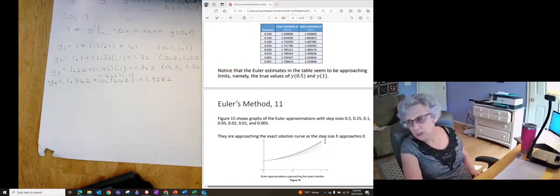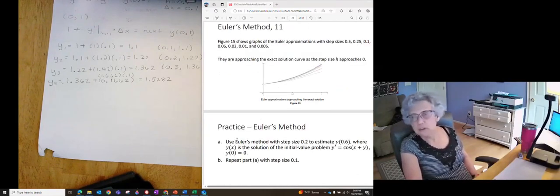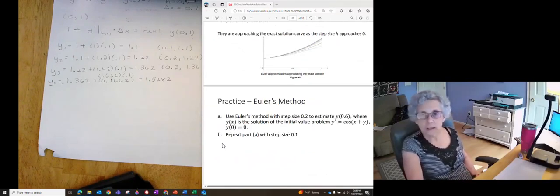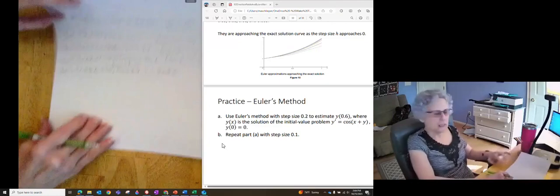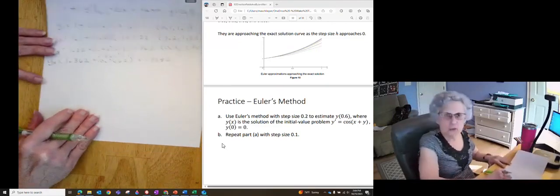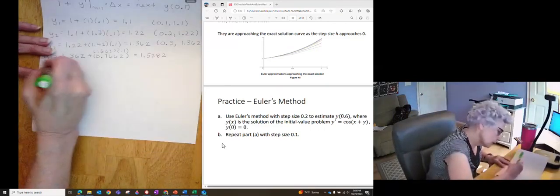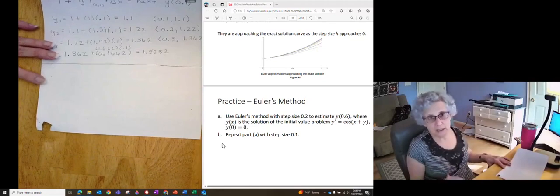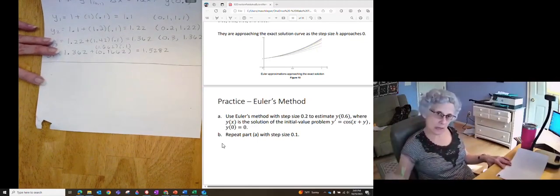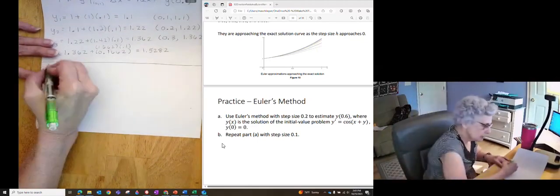So let's see. Here's some pretty pictures that show how much better you get the smaller the step size is. So let's use this practice problem. Actually, let's set this practice problem up instead of doing it like this using a table. Because you are going to have to do one by hand on test day, and I think using a table will help you to set it up.